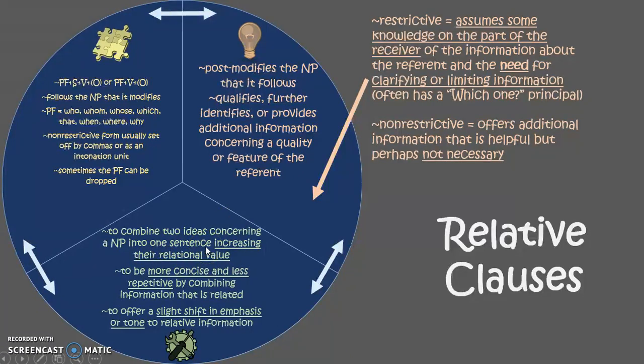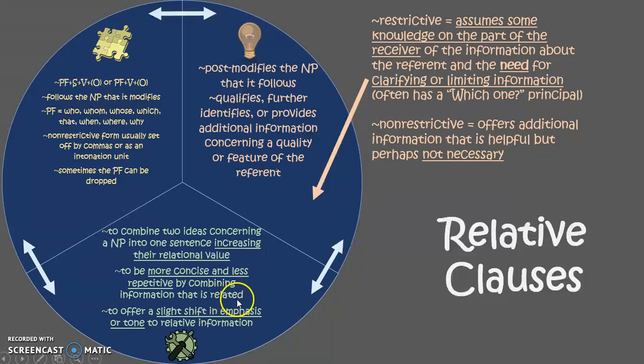We increase how these ideas are related to each other and to the noun phrase. It also allows us to be more concise and less repetitive when we are able to combine information that is related.